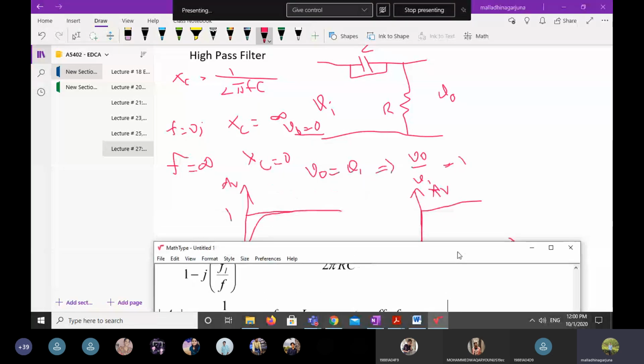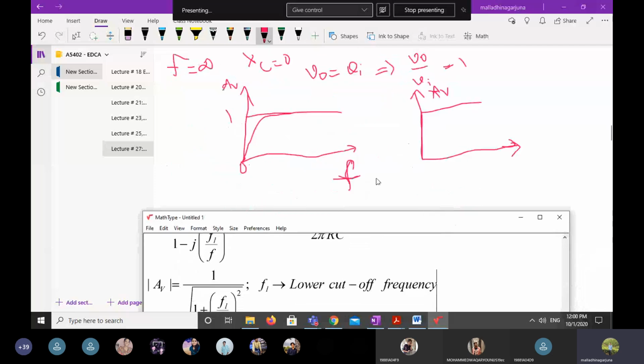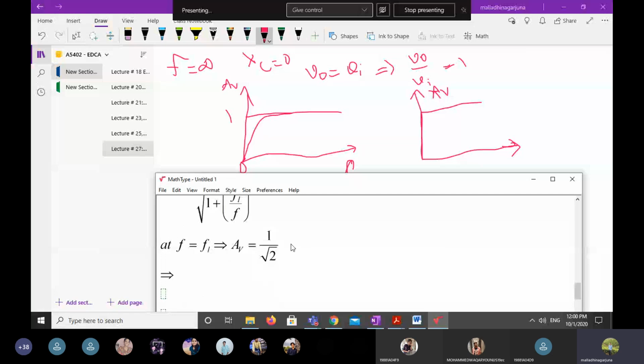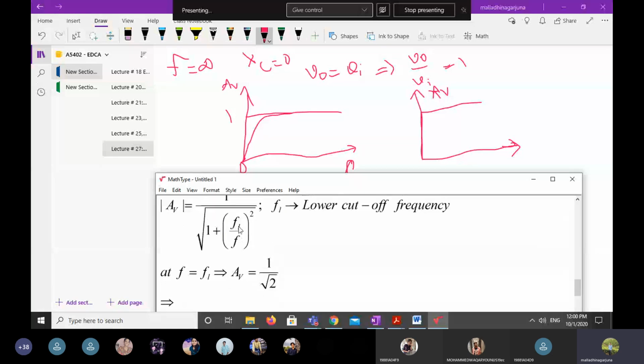So we can represent that on the graph. What happens at f equal to FL? You take f equal to FL, then AV equals 1 by root 2, because FL by f means both get cancelled, 1 plus 1, so that is 1 by root 2.